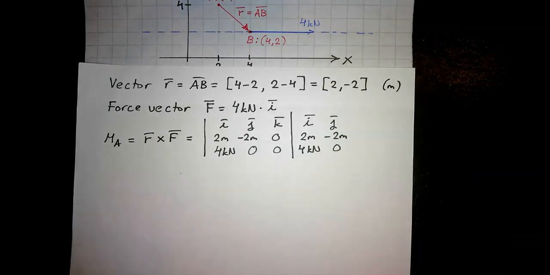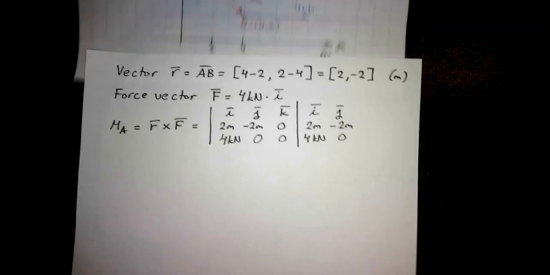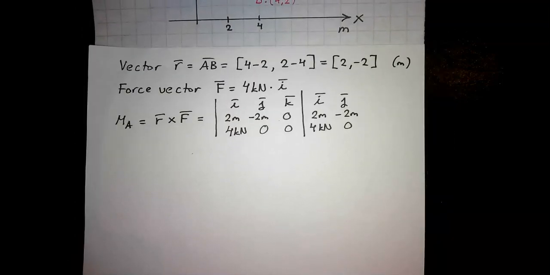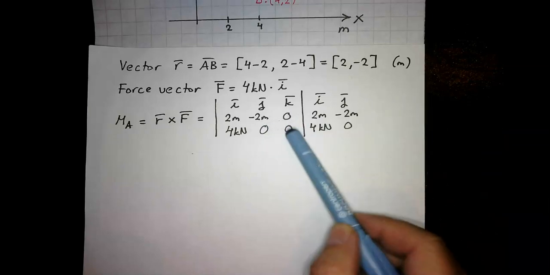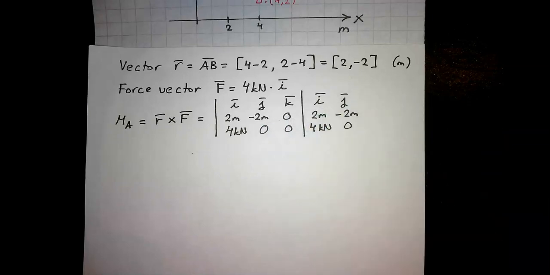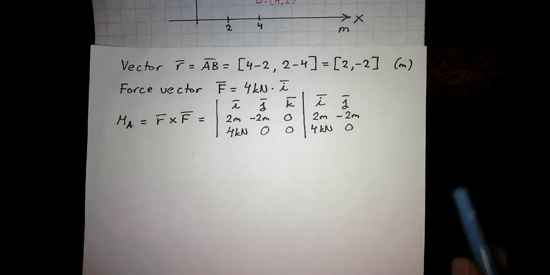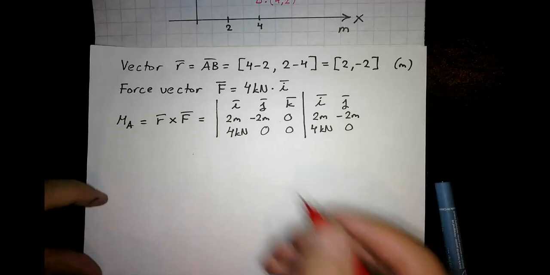I will use this method because I will give you later an assignment where you need to calculate the moment vector, and in that assignment probably not every coordinate is zero, or there are more non-zero components in the calculation. But the method is the same as earlier.